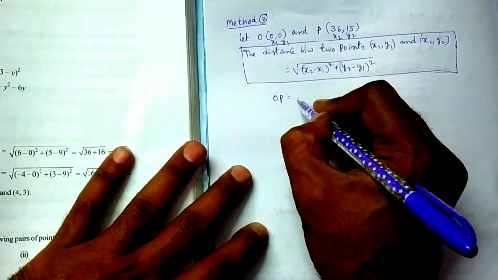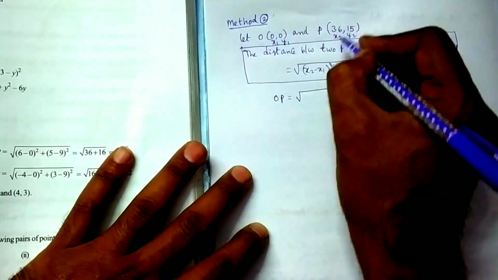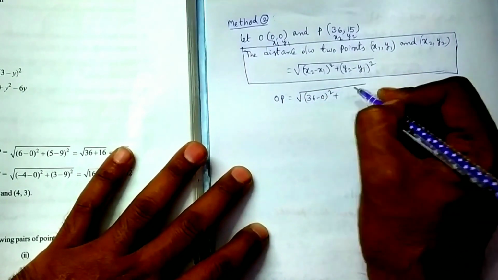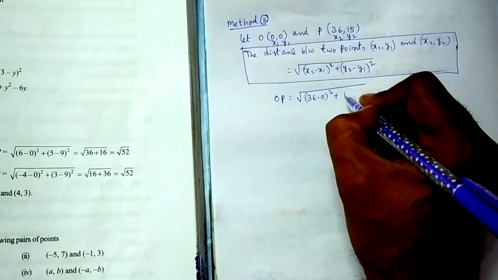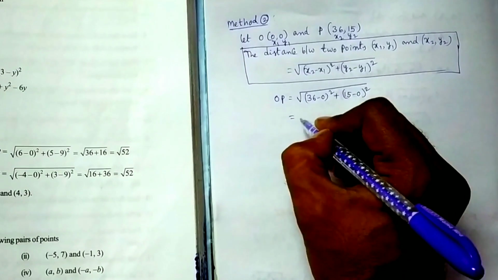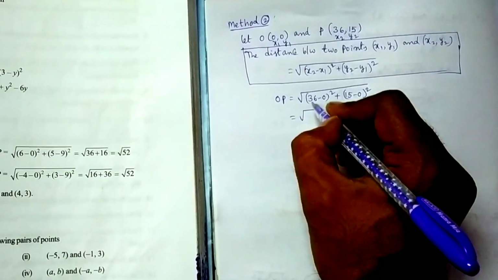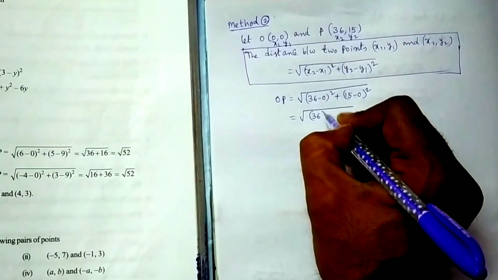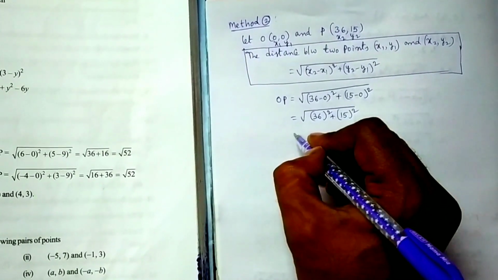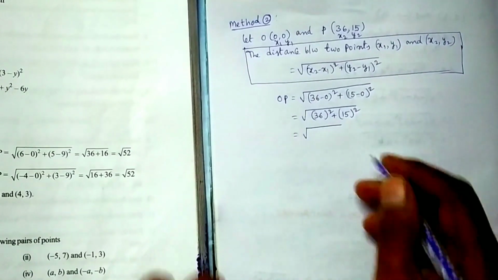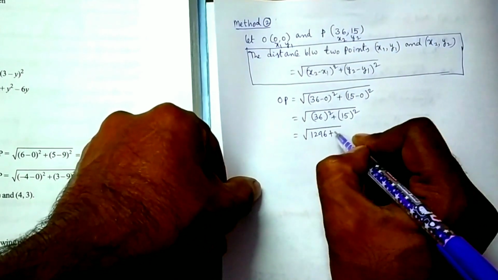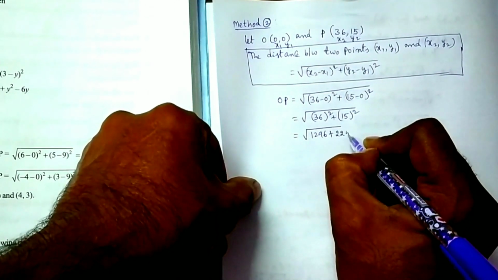OP is equal to square root of (36 minus 0) whole square plus (15 minus 0) whole square. So 36 minus 0 is 36, 36 whole square is 1296, plus 15 square, that is 225.